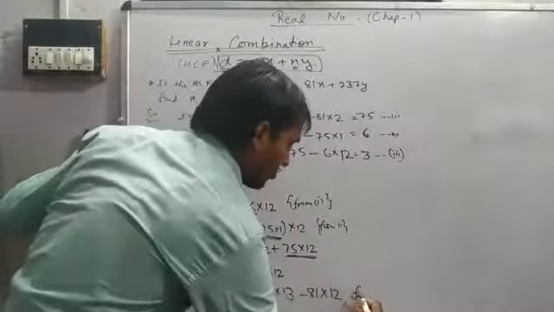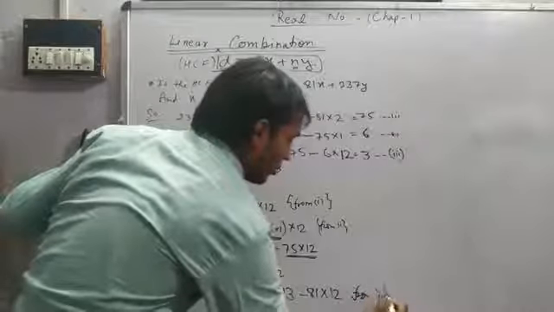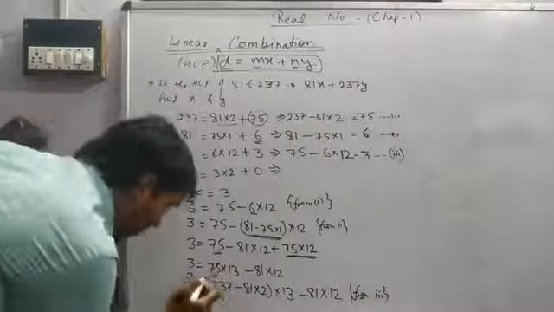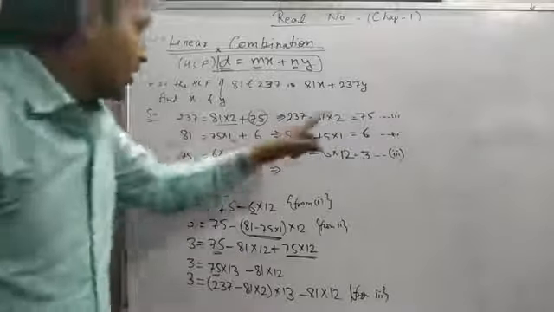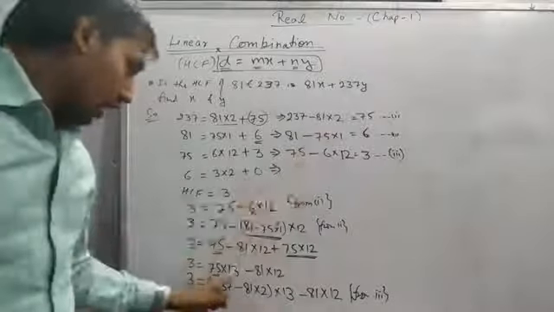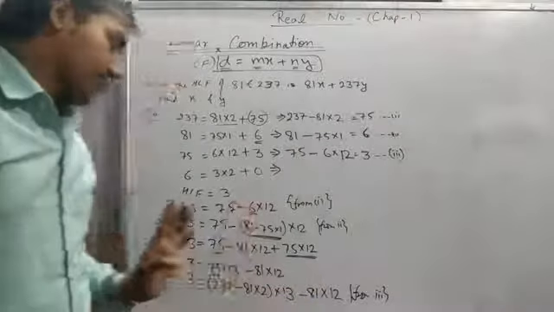From the third, means in the place of 75 we put the value of 75, that is 237 minus 81 into 2, and all the other terms are the same.